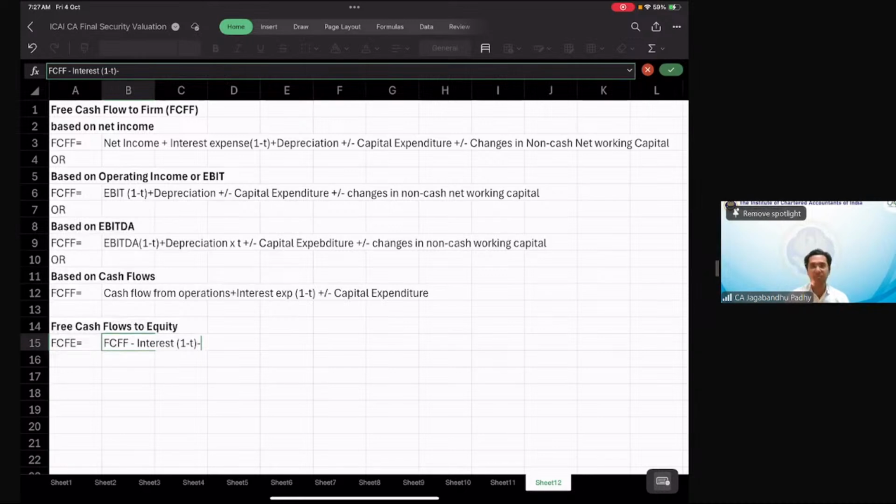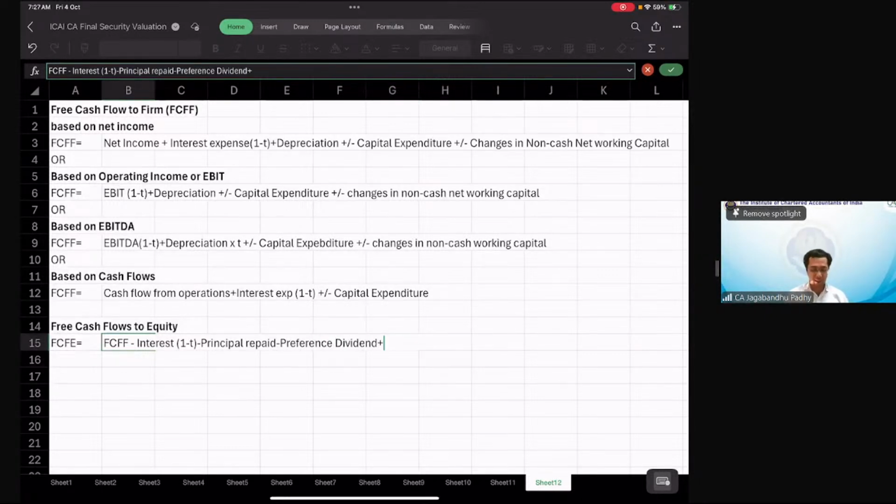And then, of course, from that we are also going to pay the principal. So principal repaid, that needs to be subtracted, correct? The cash flow which the firm is having, from that interest will be paid, from that principal we pay. Also, we need to subtract preference dividend.